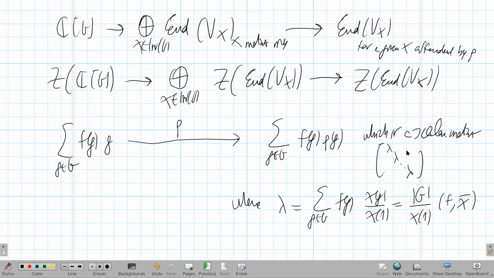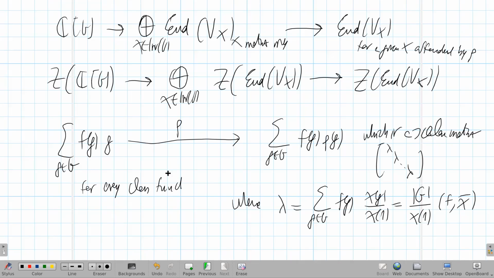And so this is a scalar matrix, because we ended up in a matrix algebra, and the center of it is made of scalar matrices. This scalar lambda we computed, and it equals this thing here. So this holds for every class function.